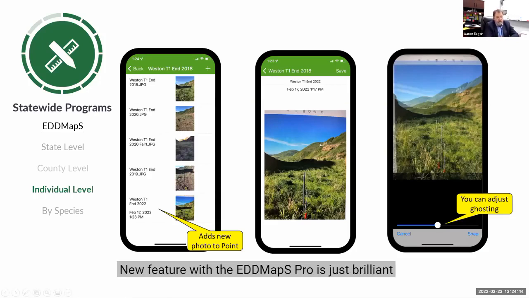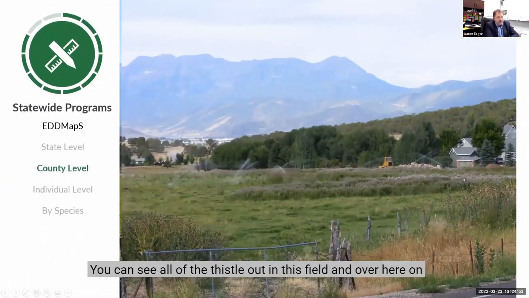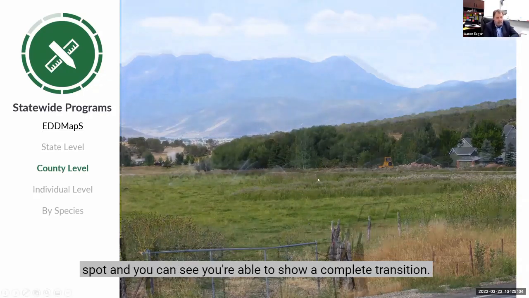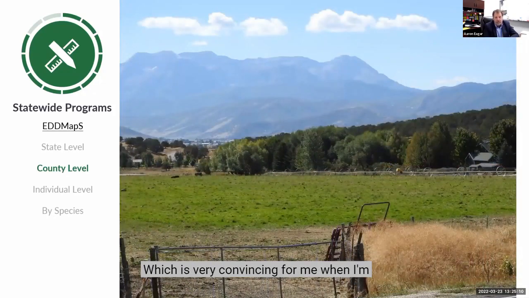The new feature with EDDMapS Pro is just brilliant in how it takes you right back to the same spot. I want to show you an example. Here you can see all of the thistle out in this field, and over here in the left-hand corner, this app will take you right back to the same spot. And you can see you're able to show a complete transition, which is very convincing for me when I'm trying to show how we spend public money.